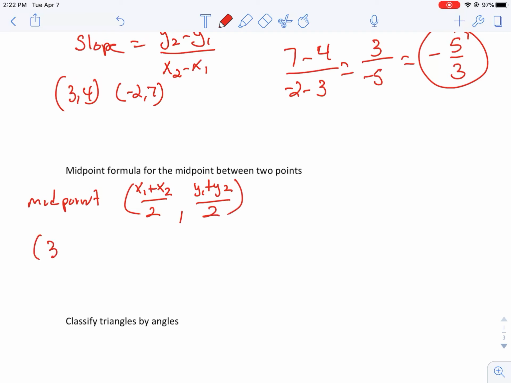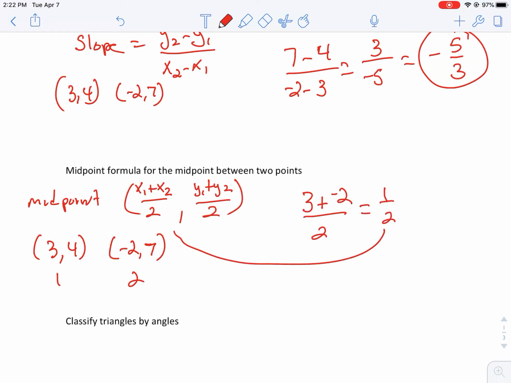And you'll always have these formulas. We're going to use the same points. So if I took 3, 4, and -2, 7, and I wanted to find the midpoint between them. Well, x of the first point is 3 plus x of the second point, -2, over 2.